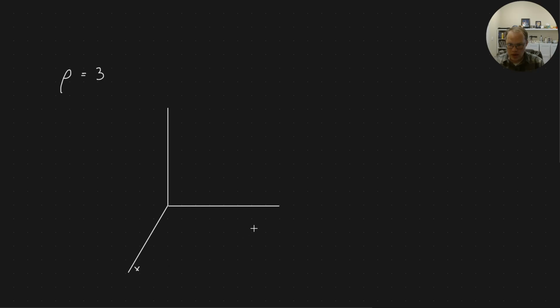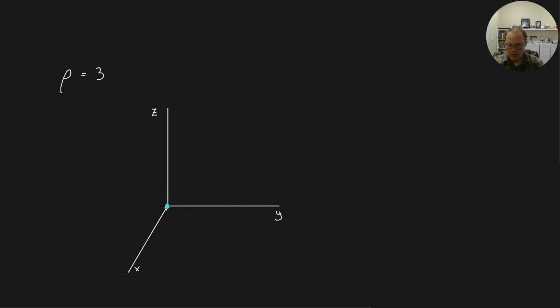The only thing that changes is how far out we go in that direction. So I could be pointing this direction, I got 3 units, or I could be pointing this direction, I got 3 units. With theta and phi, I can point in any direction in 3 dimensions. But I have to go out 3 units.